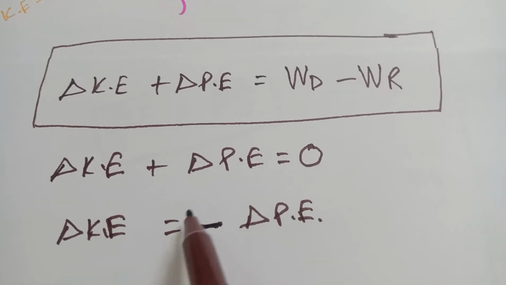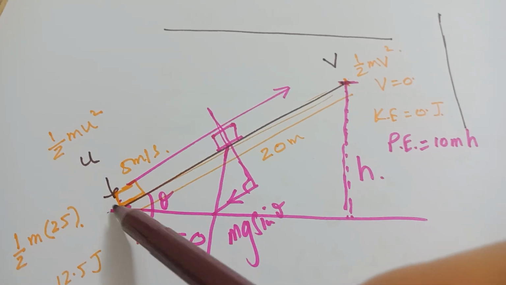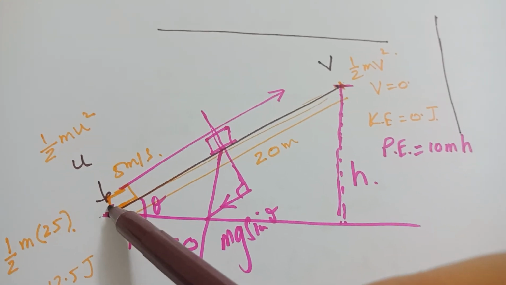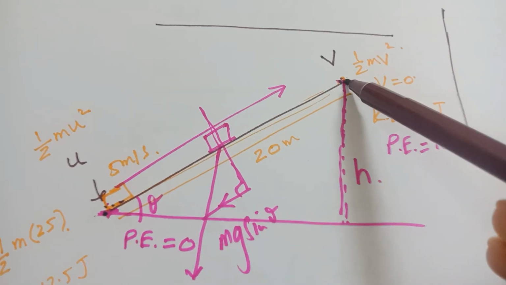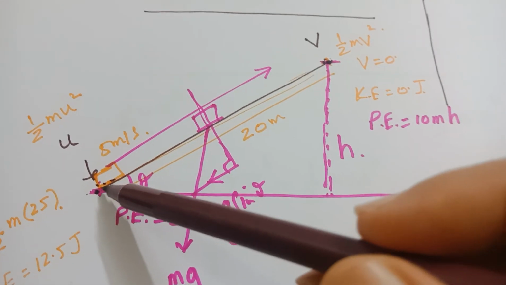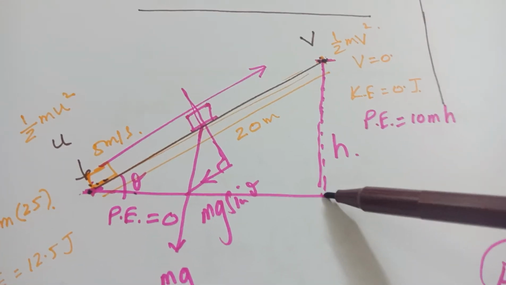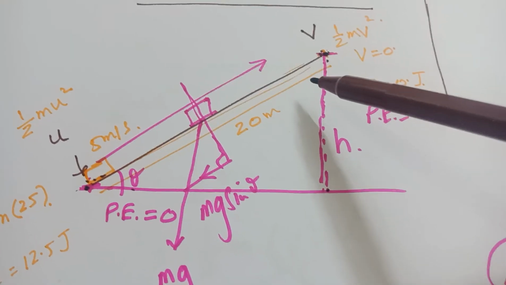This is a very confusing concept, people. You see what is going to happen when this particle's speed goes from 5 to 0. What is happening? The kinetic energy is decreasing. At the same time, its level from 0 is moving up to h. So that means the potential energy is increasing.